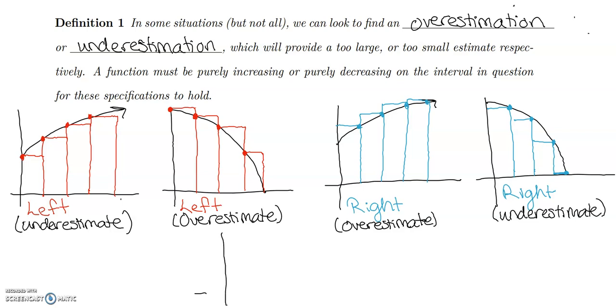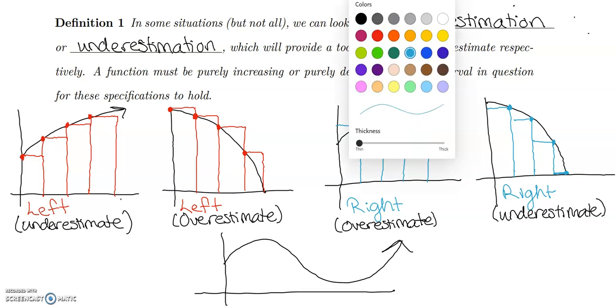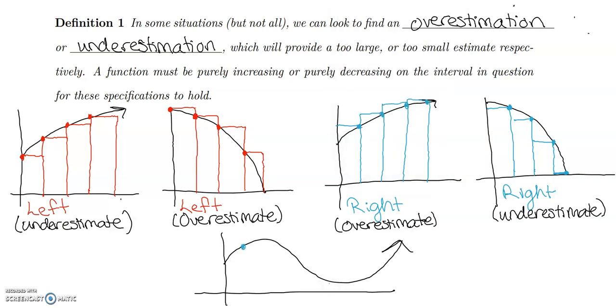Now, I also said that it has to be purely increasing or purely decreasing. So say we took some function that looks like this, and I wanted to look at a right-hand sum. If I break this up into some generic pieces here, notice that as I go along, some of them end up above the function and some end up below the function.